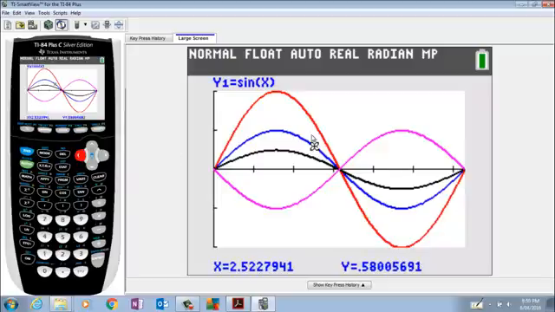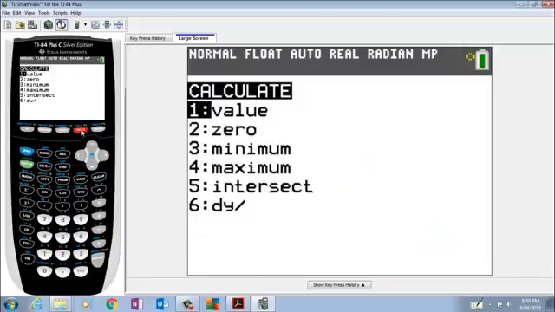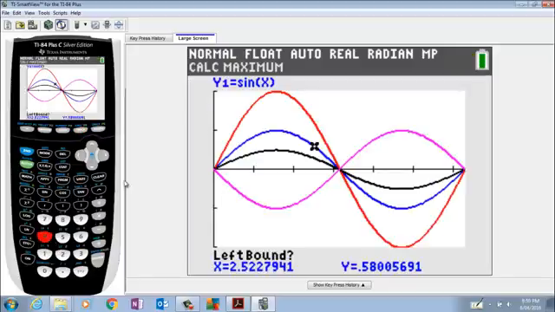Now if we want to know what the maximum value is, we can just go second calc and go to maximum, and it just says go to the left of the place that you want to test for the maximum. Just go to the left of it, press enter, then head to the right of it, press enter, and it says, is this a good guess in this region? We press enter, and it gives us the exact answer that it is 1.